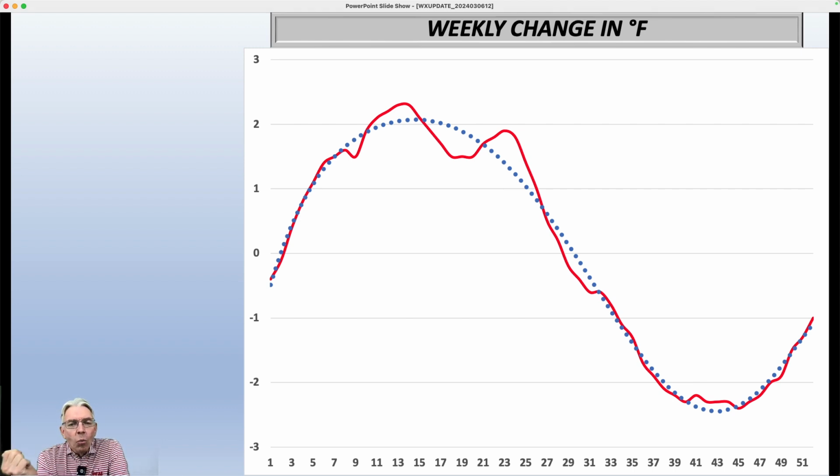The dotted blue line is what we call a polynomial. In a perfect world, if you wanted everything to be symmetrical, that's what this curve would look like. But it's not, and I can't explain this. I'd really have to dig deep to figure out why this is happening.